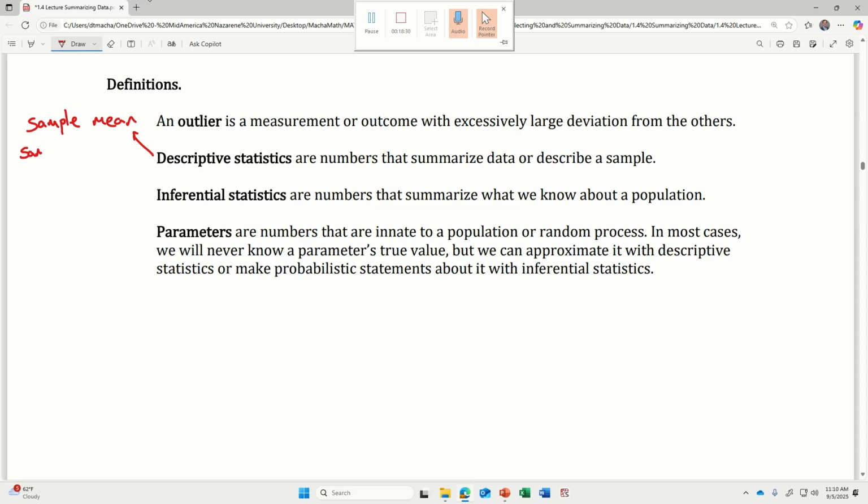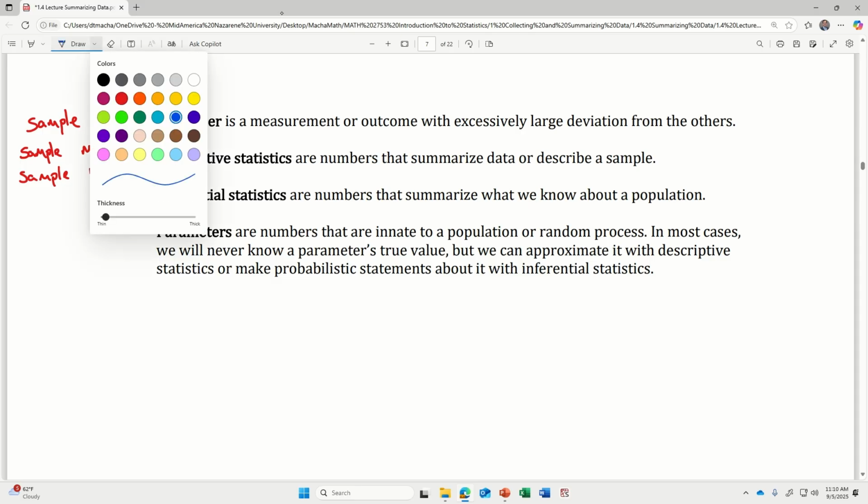The sample median is a descriptive statistic because it's a way to summarize the data. Also, we've talked before about the sample mode. That's a way to summarize data, so those would all be considered descriptive statistics. We'll talk about others too in this class, maybe a little later today.